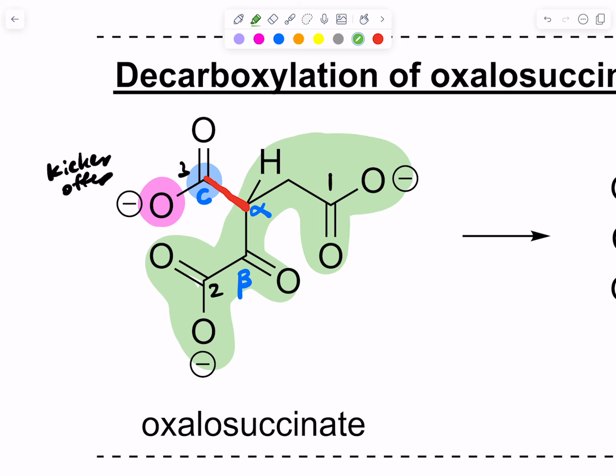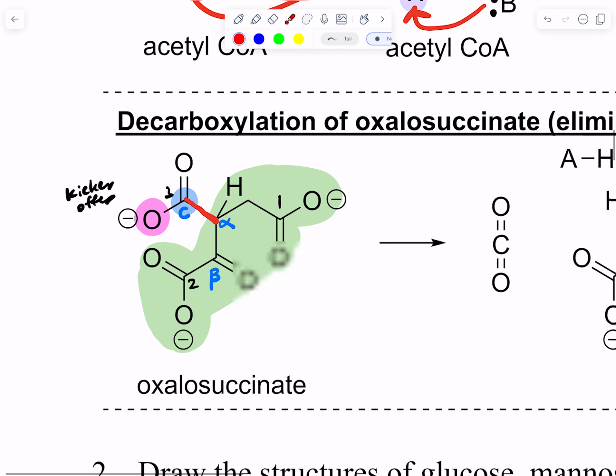Notice that if the leaving group left, the lone pair electrons would be on the alpha carbon where they'd be stabilized by resonance. Okay, questions about how we identified those pieces?